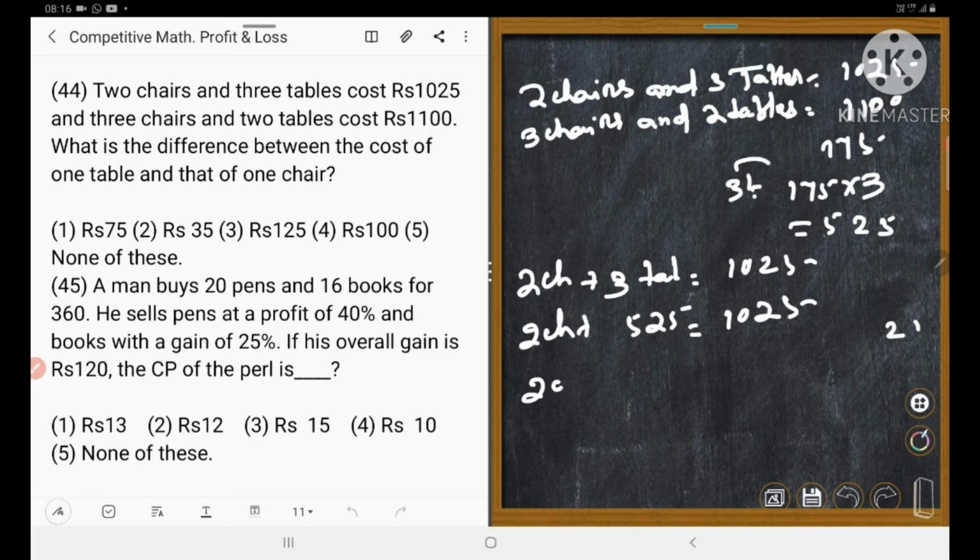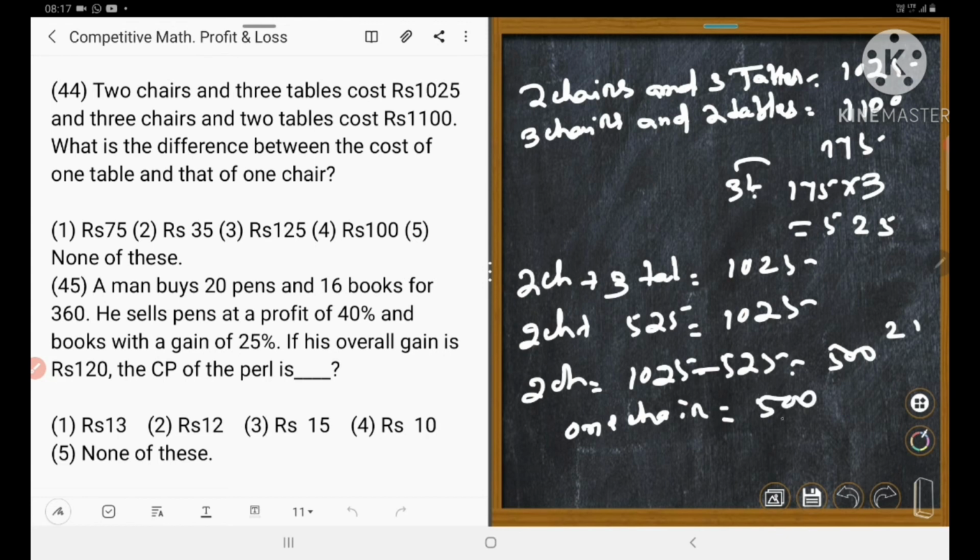The 2 chairs is equal to 1025 minus 525 is equal to 500. So 1 chair is equal to 500 upon 2 is equal to 250. Right? So 1 chair is 250, 1 table is 175.